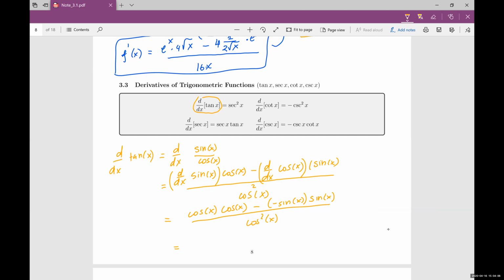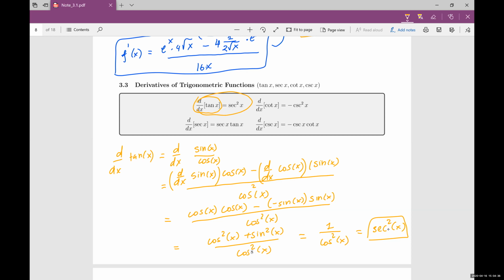And this is cosine squared plus sine squared over cosine squared of x, which is 1 over cosine squared of x. And 1 over cosine squared should be secant squared of x. So this is how you find the derivative of tangent of x, which equals secant squared of x, which is what you have here.